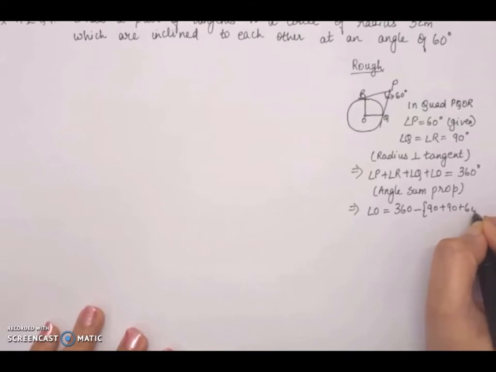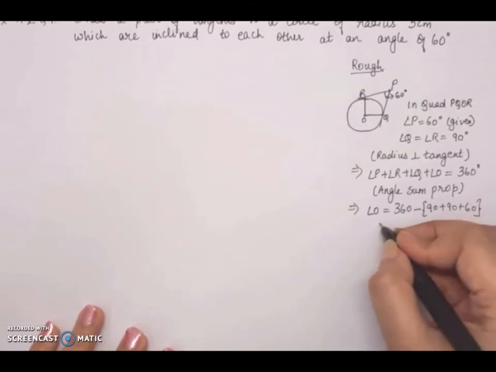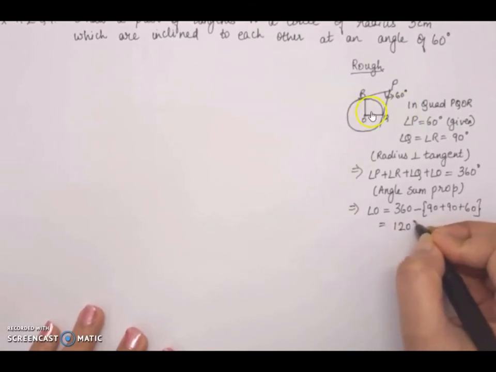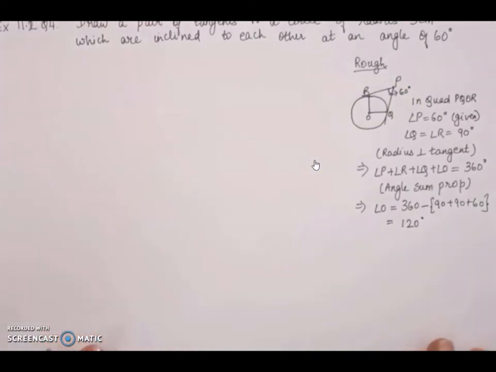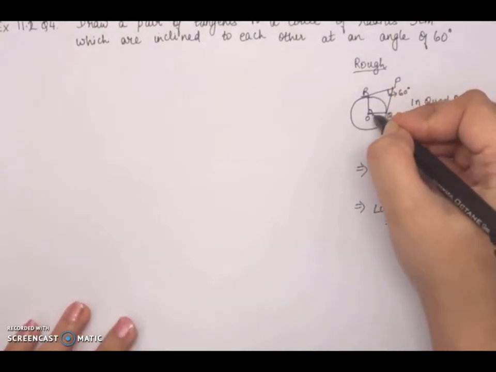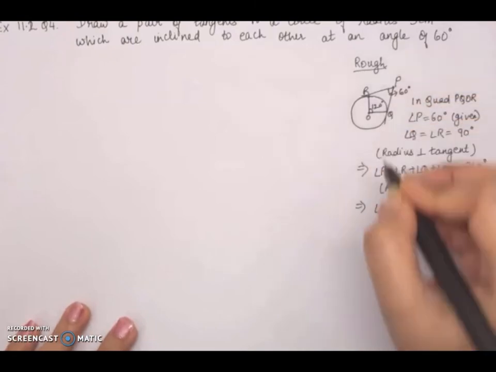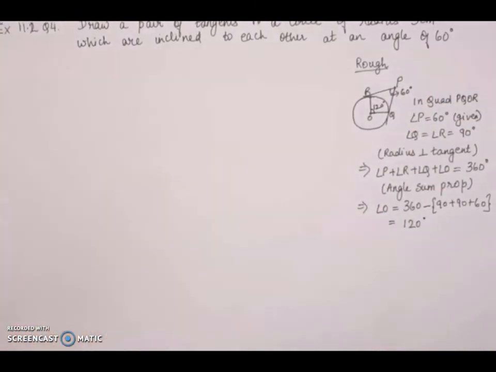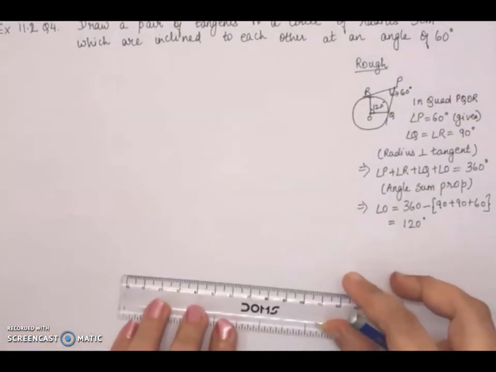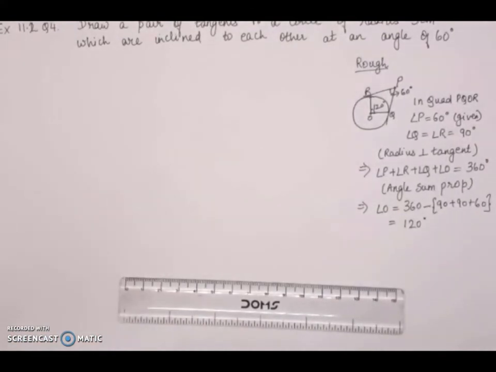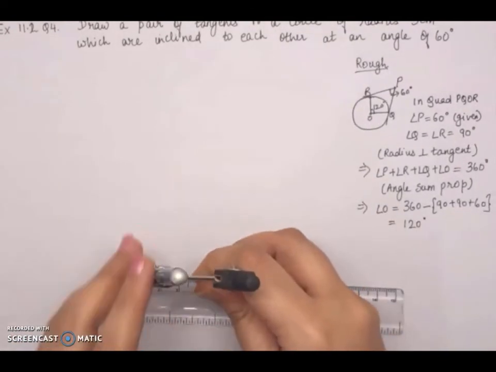If we subtract those angles from 360, we will get the measure of angle O, that is 120 degrees, which means that the two radii of the circle are inclined at an angle of 120 degrees. So with that we will begin the construction.